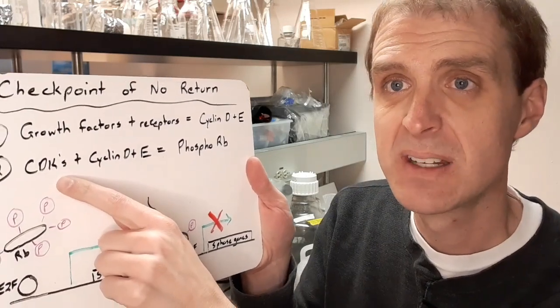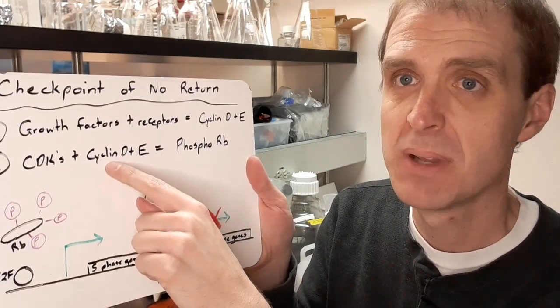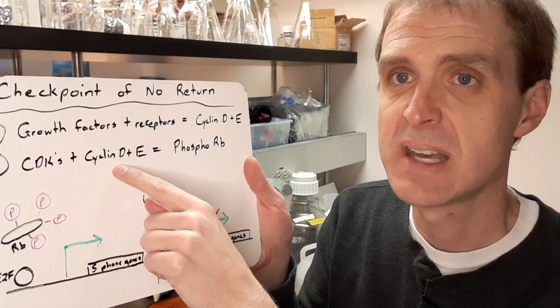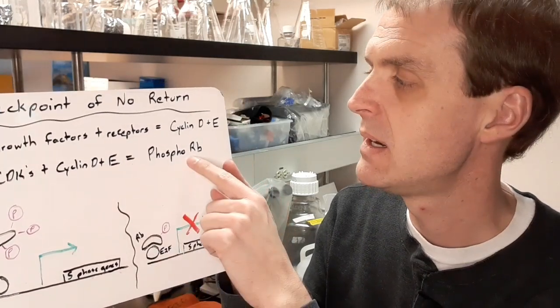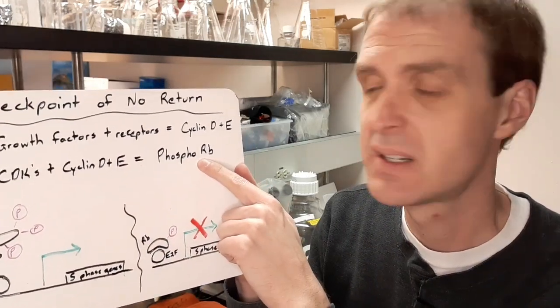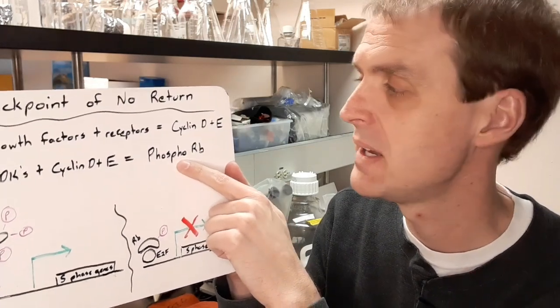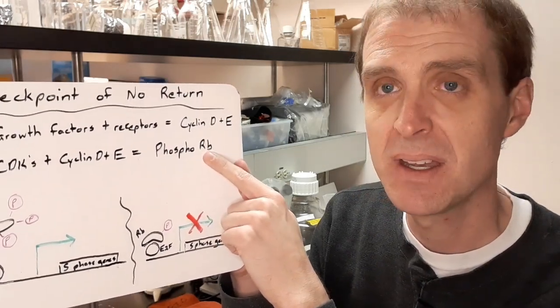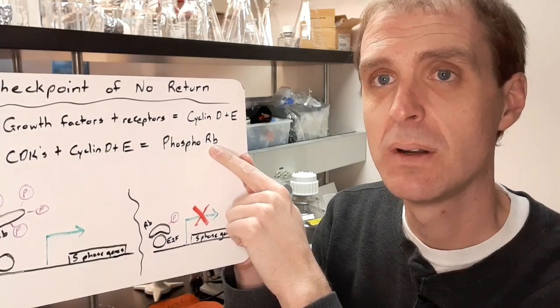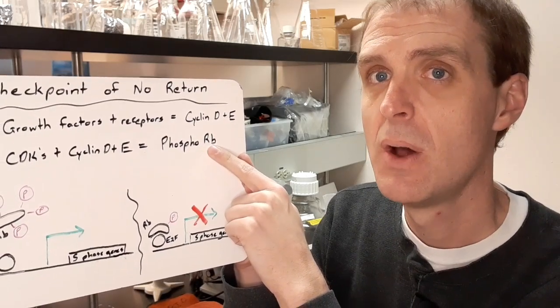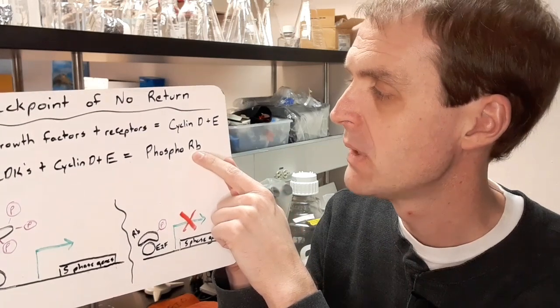Once you have cyclin-dependent kinases forming complexes with cyclin D and cyclin E, then you get phosphorylated targets. Phospho is my shorthand for phosphorylated, and then RB is the shorthand for the name of a protein called retinoblastoma.